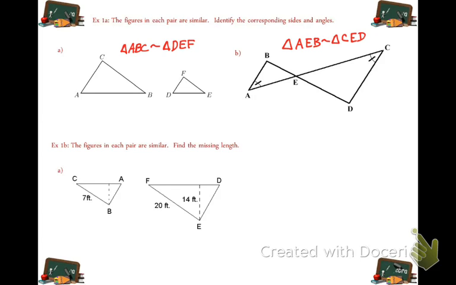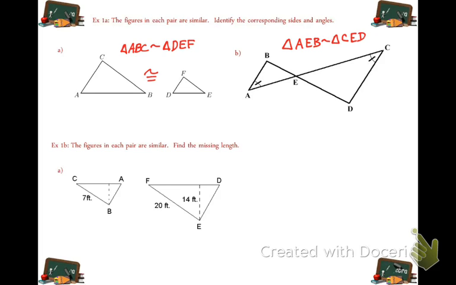What we're going to do with it is compare corresponding sides and angles. We're going to do the angles first because they're the easiest of the corresponding similarities. Angles, like I mentioned before, are always going to be congruent to each other. So we're going to write the congruent sign. If you don't know what that is, it looks like a little squiggly similar sign with an equal sign underneath it.